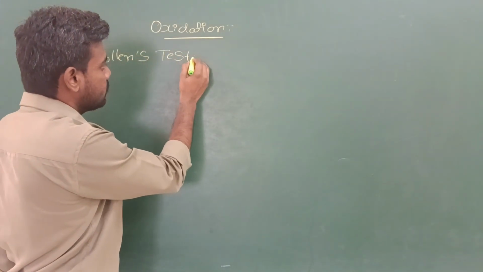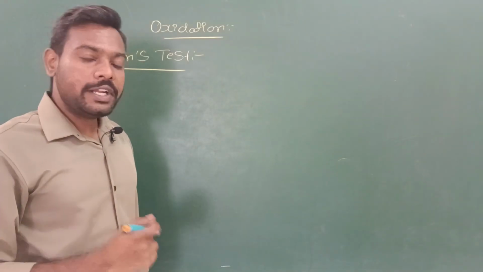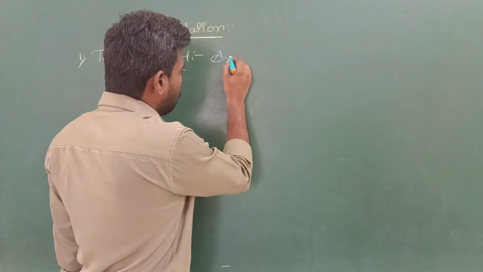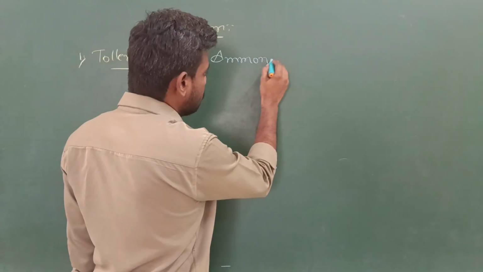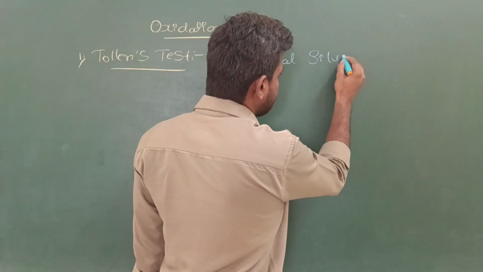Tollens test. What is meant by Tollens reagent? It is ammoniacal silver nitrate.